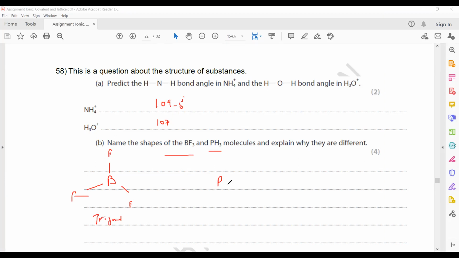But in PH3, phosphorus belongs to group 5, so it is sharing 3 electrons, meaning 3 bond pairs are there and 1 lone pair. Because it belongs to group 5, it shares 3, and 1 lone pair is there. So what will the difference be? 3 bond pairs and 1 lone pair, then it will be trigonal pyramidal.